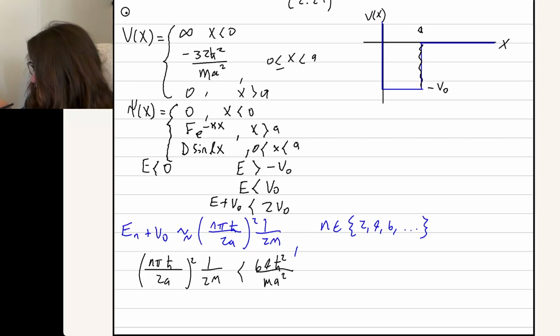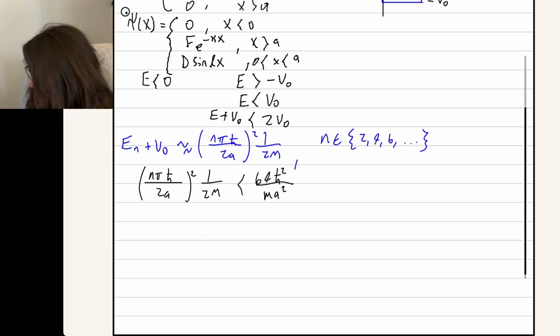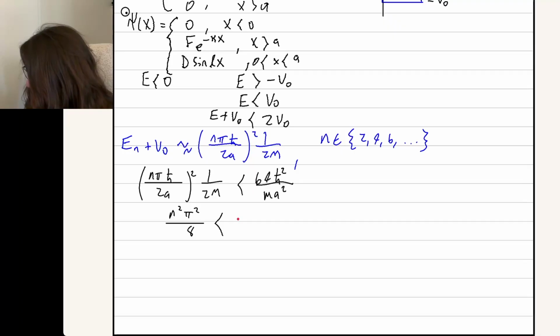All the constants cancel out, and we just have n squared pi squared over 8 is less than 64, and then we can solve.